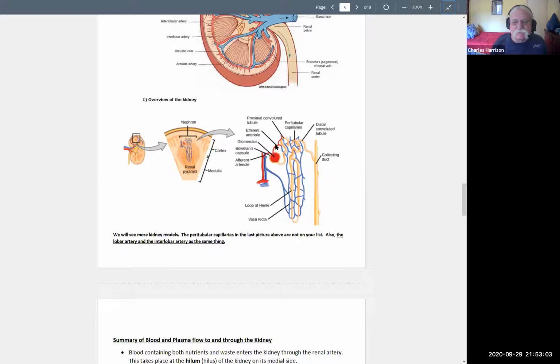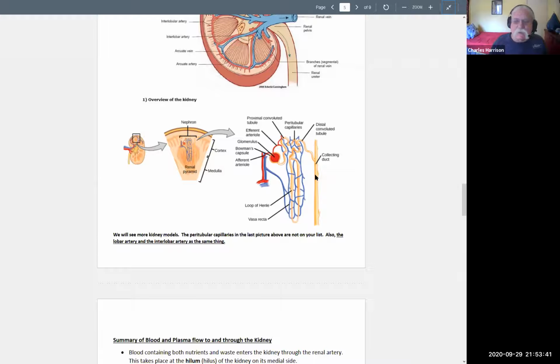This efferent arteriole, the one that didn't move into the tubules, now spreads out, and I guess this is a baby blue or something, and it surrounds the loop of Henle, and it absorbs by dialysis. It absorbs back good material. Bad material, nitrogenous waste, urea, go forward in the tubules until they reach what's called a collecting duct.